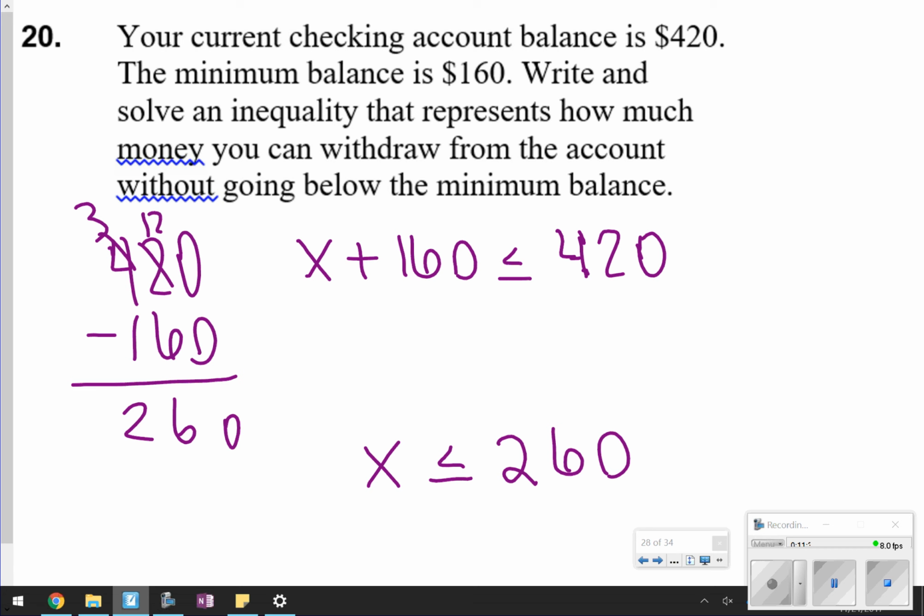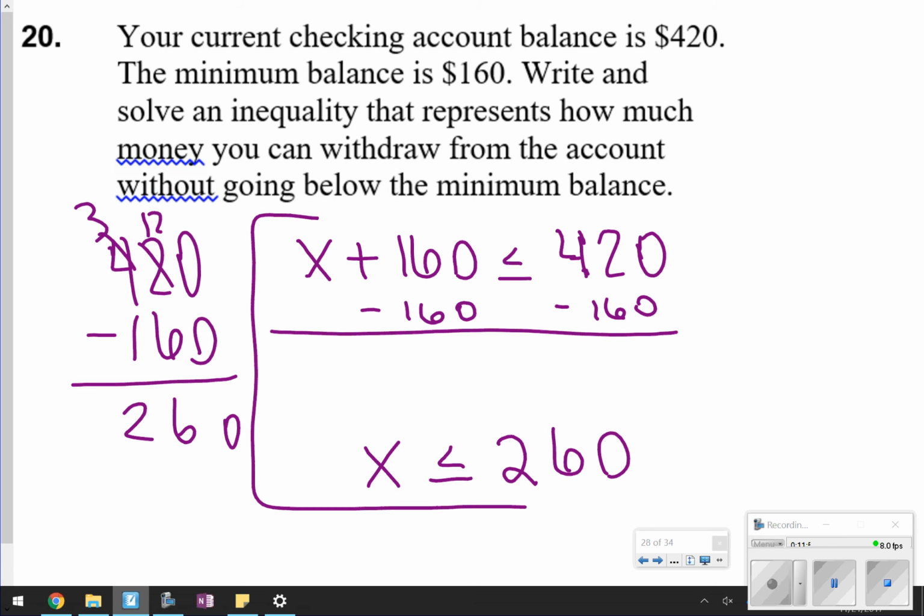So that means X, whatever X is, plus 160 needs to be less than or equal to $420. And when we subtract the 160, which is what we just did here on the side, that's how we got X is less than or equal to 260. Okay, so working backwards there might be a little bit beneficial. Sometimes it's hard for me to understand that as well.